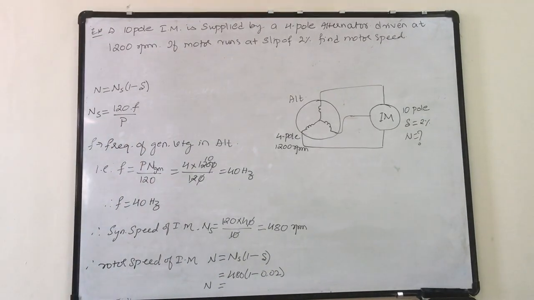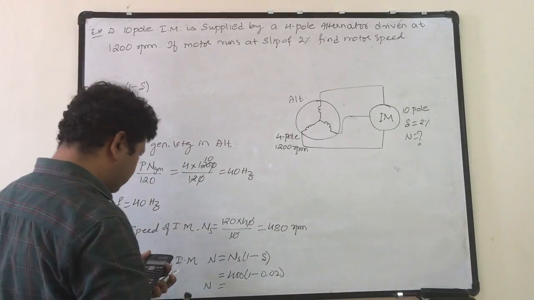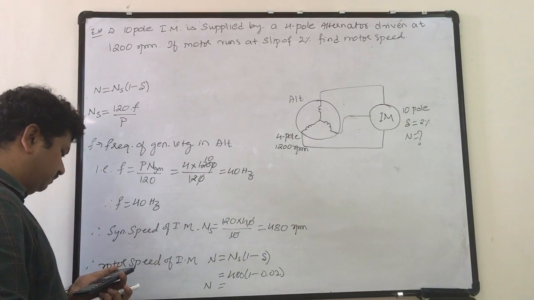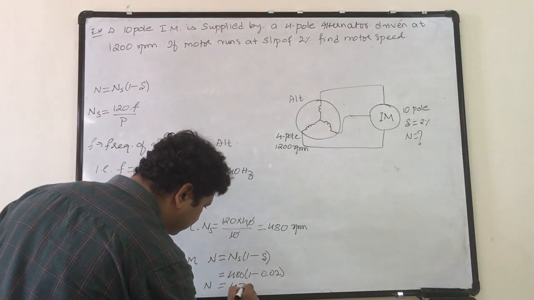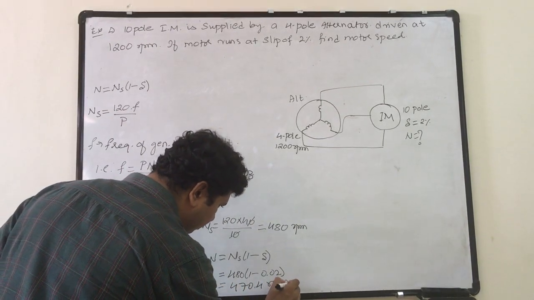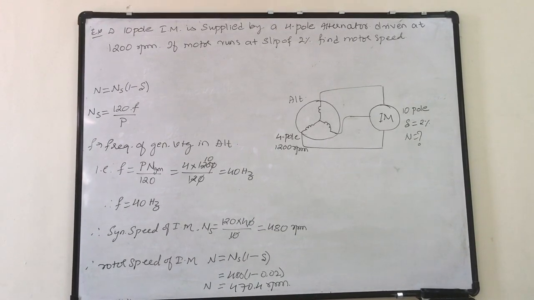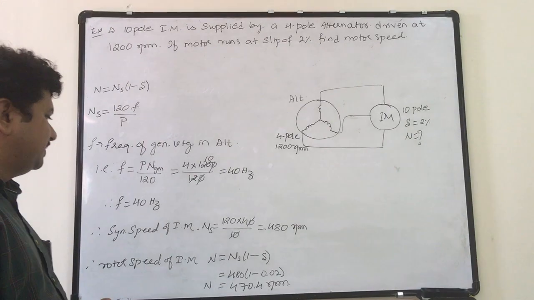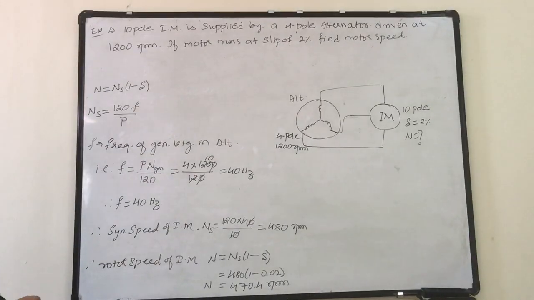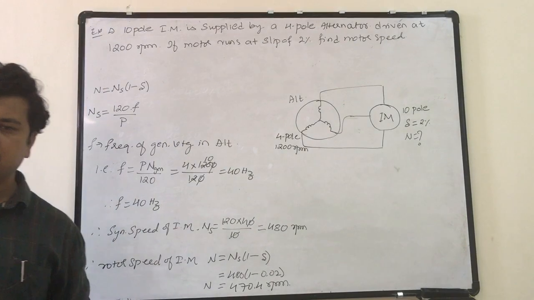So this comes out to be 470.4 rpm. So this is about calculating the speed of the rotor when I can calculate the frequency from the given data of the alternator.